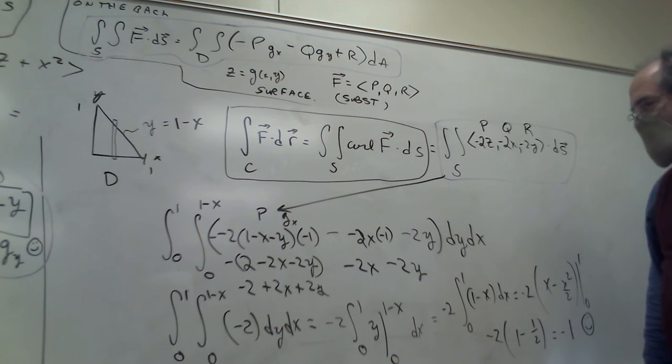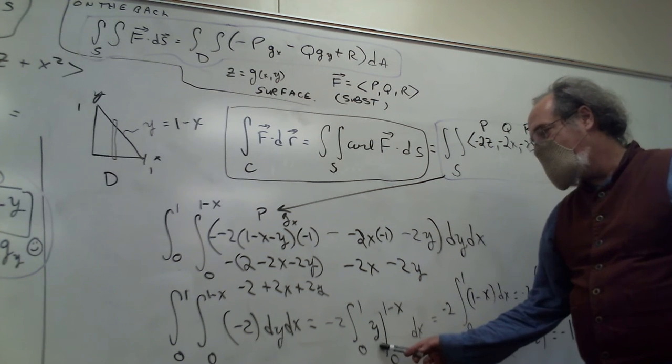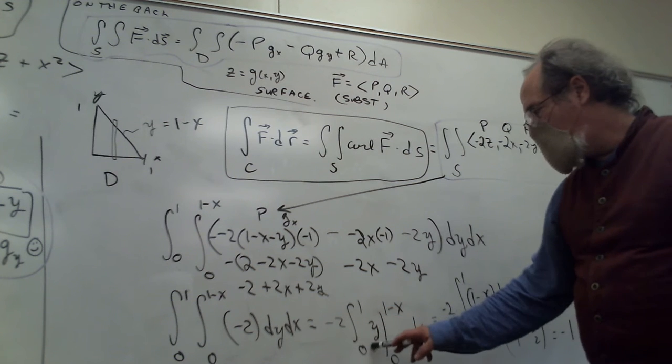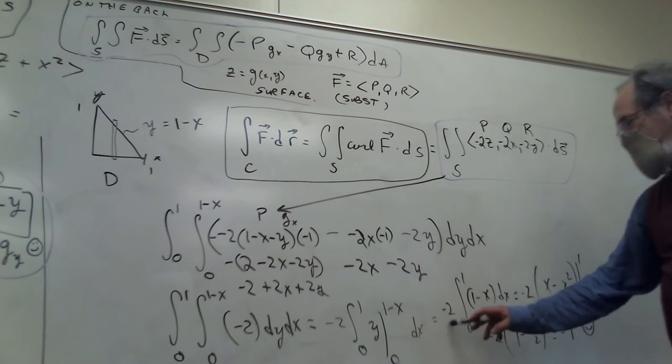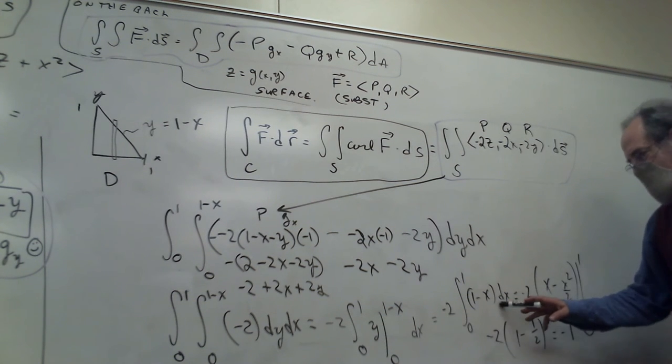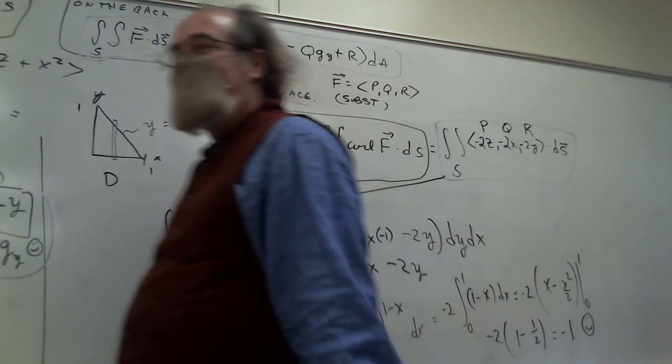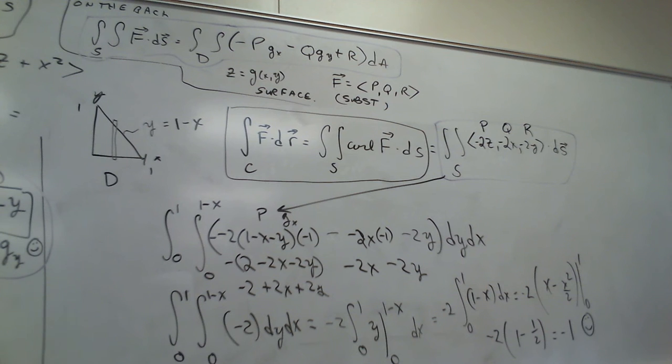So you do this thing here. That becomes negative 2y, evaluate. I just leave that negative 2 up front, 1 minus x, integrate, evaluate, I get negative 1. So we had to get negative 1 because we had done the line integral version. Each piece contributed a negative 1/3. So we had to get negative 1 and we got it.